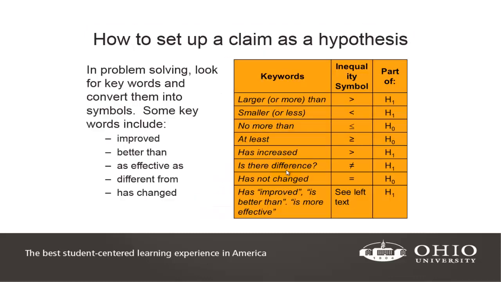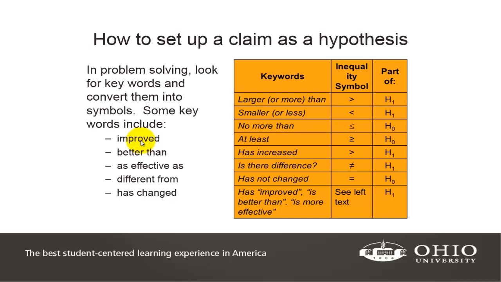Okay, so let's look at the art of establishing a null and alternate hypothesis. What you have to do is look into your situation and look for keywords. So for example, the keyword improved. Improved would be basically saying made better. Now made better could be made bigger or smaller.